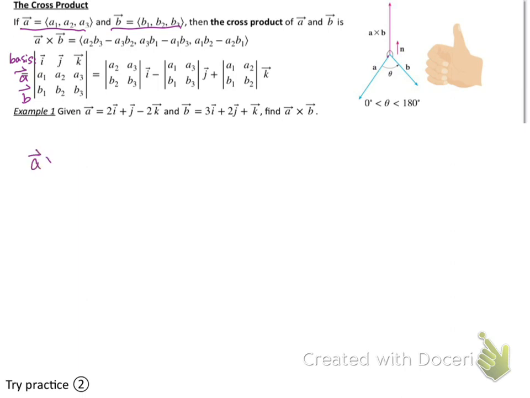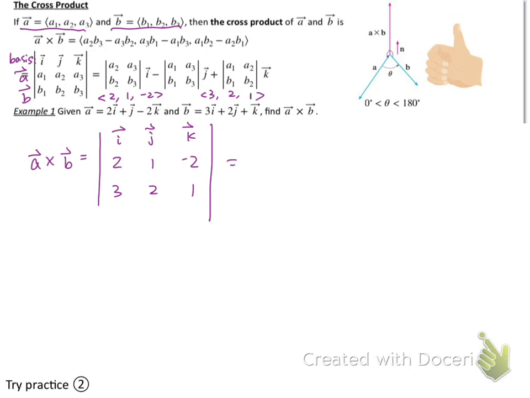So vector A cross B equals my determinant with i, j, k on the top, then A on the second row: 2, 1, negative 2. You take the coefficients. And B is 3, 2, 1, that's your B on the third row.